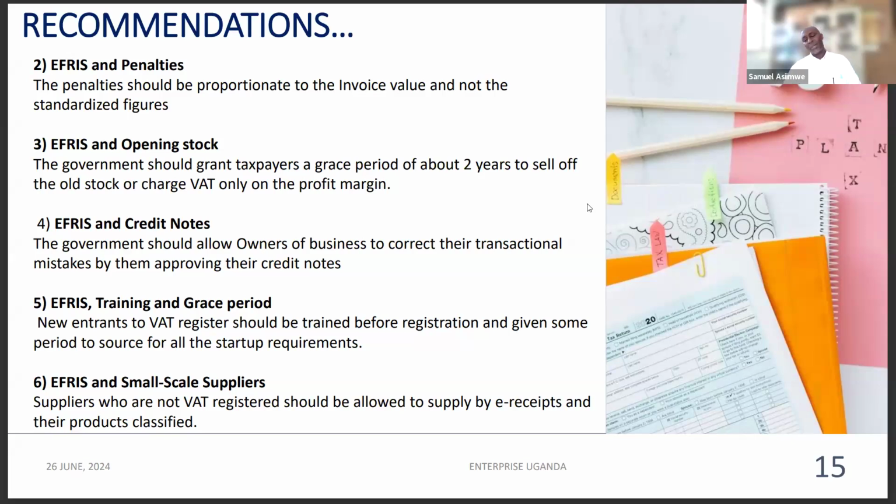And also, these products can be classified and say, these ones, let the supermarket not charge the VAT on these products. Because if someone is making cakes, for all the ingredients of making a cake, he has already paid VAT. So the product is onto the market, but they have been blocked from supplying big shops.